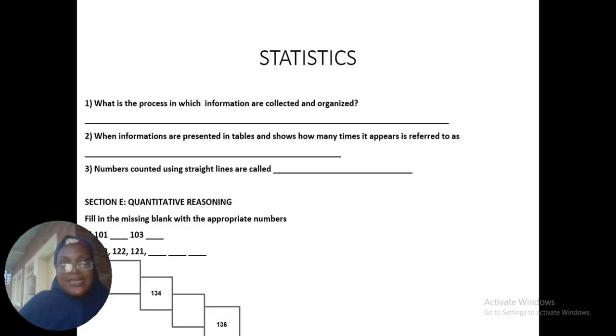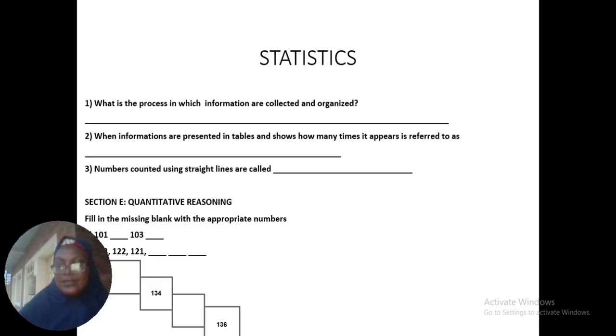Tally means using straight lines to count numbers, and each line stands as one. For instance, if you want to count 3, we have 1, 2, 3 using straight lines. If you want to count 4, we count 1, 2, 3, 4 using straight lines.